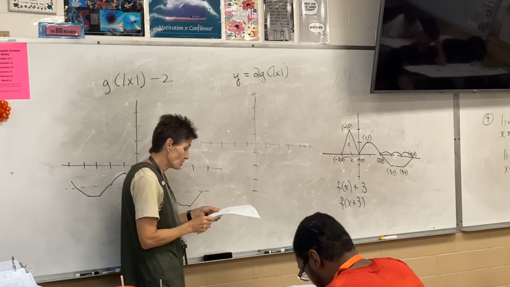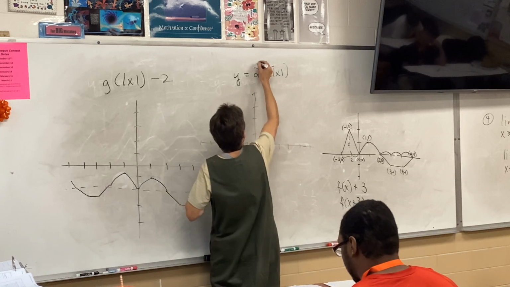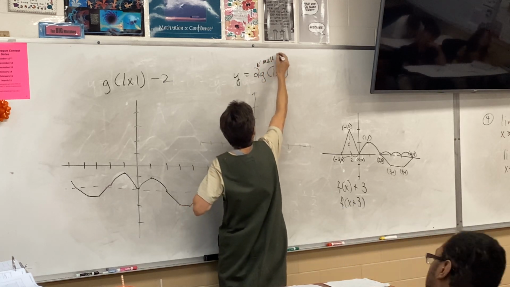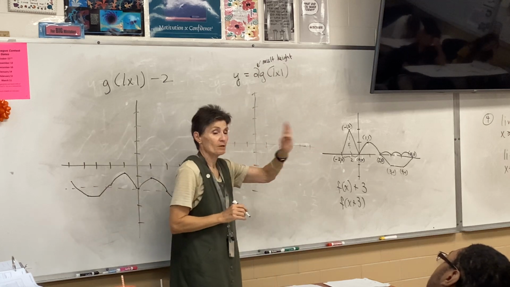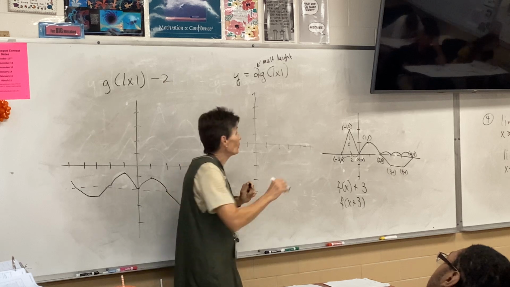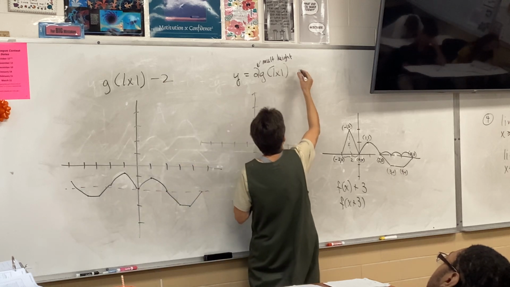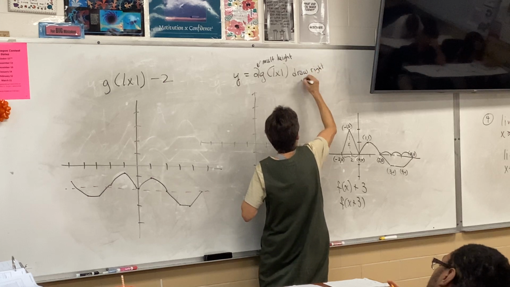Well, what are the changes that are being made in F? What does this do? Multiplies the height. So what that means is everything I draw is going to be twice as tall. What does this mean? Draw right, and mirror, right?